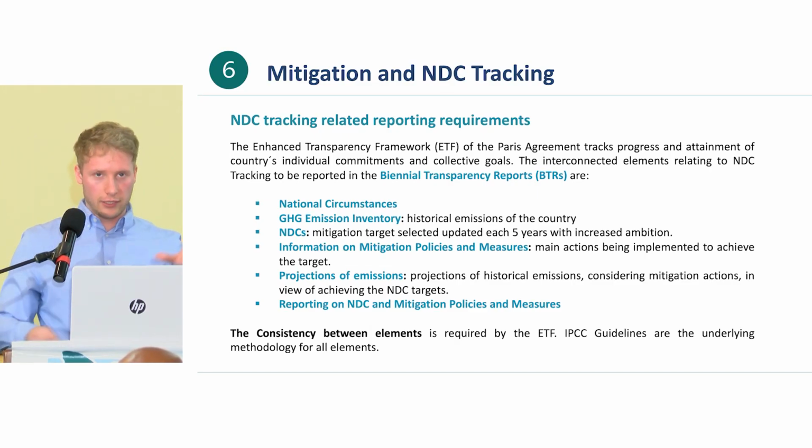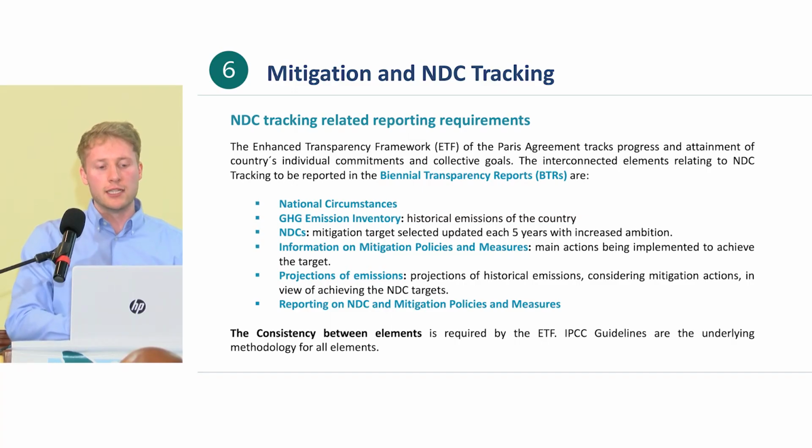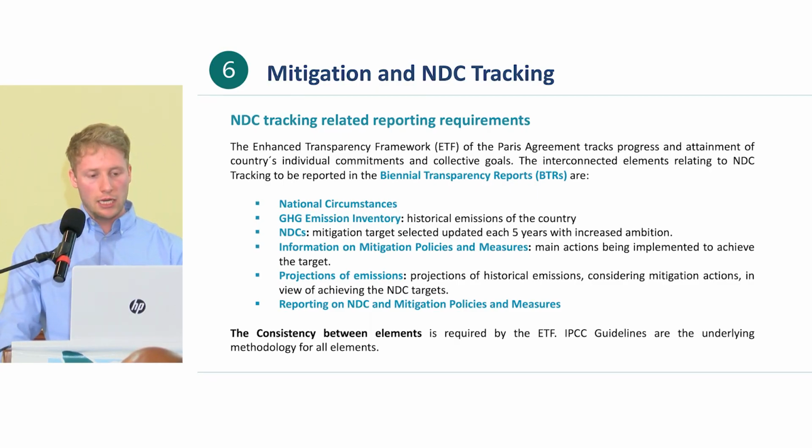You can think of it as separate from the NDCs, but it is related, of course: it is the accounted emissions of the country. Then the NDC itself, the information on policies and measures, projections, which I briefly explained, right, our expectation of how the trajectory of emissions is going to go into the future, and then reporting on this using the formats that are provided.